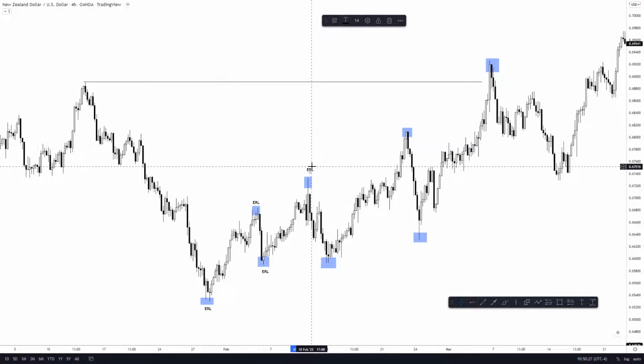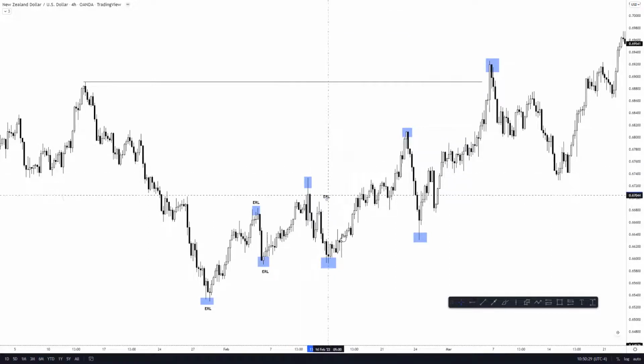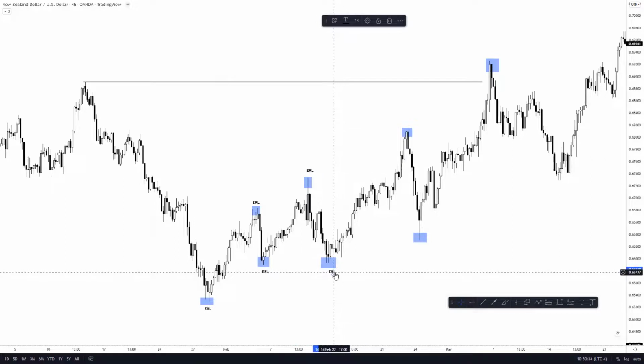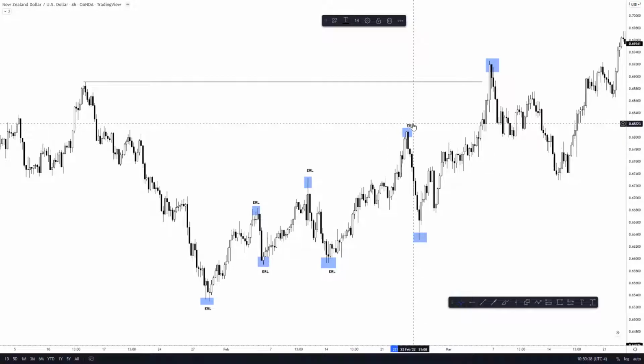Same thing, we have external range liquidity here, and here, and this will be our external range liquidity again.